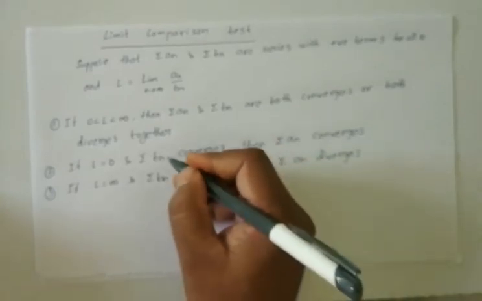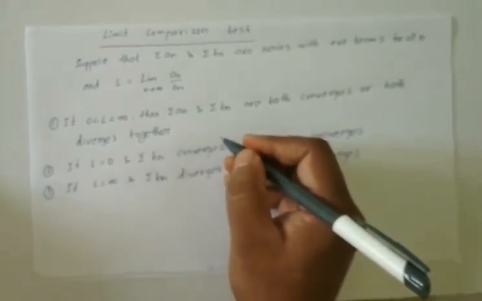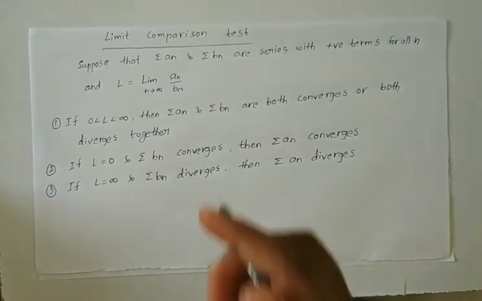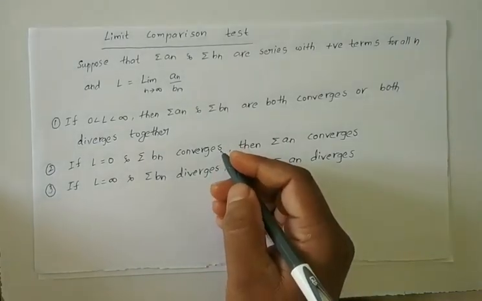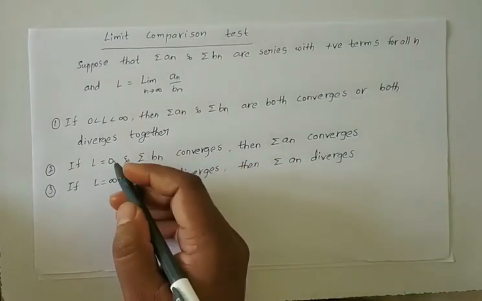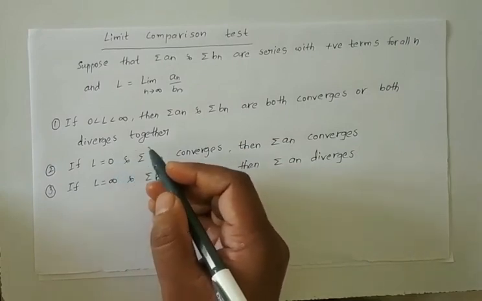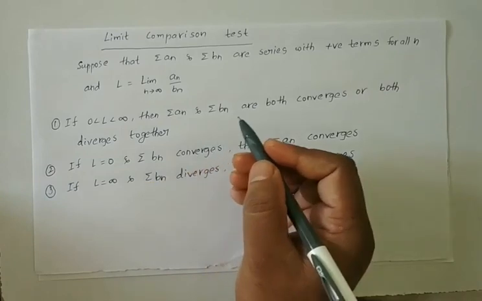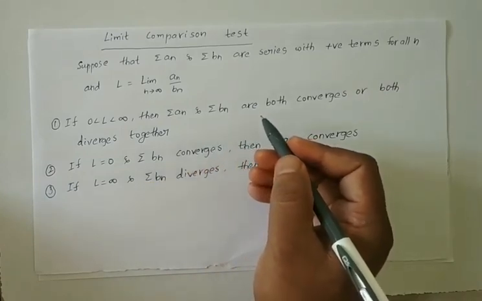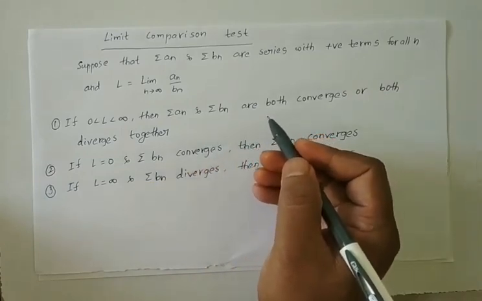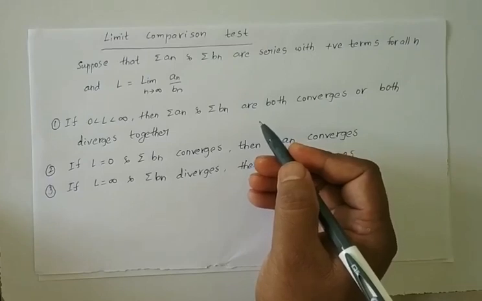What is the first one? If 0 less than L less than infinity, then summation an and summation bn both converge or both diverge together.